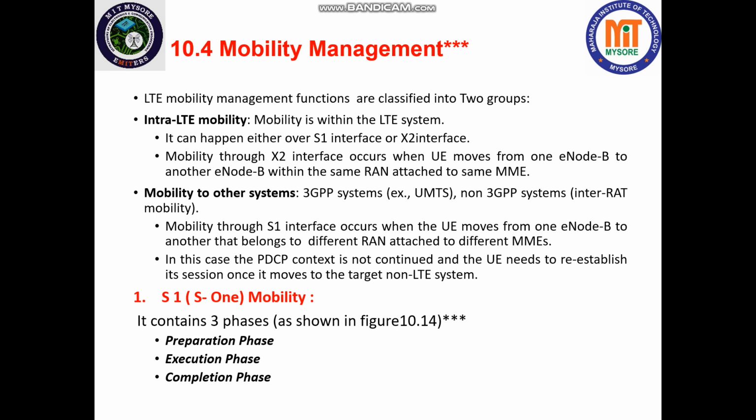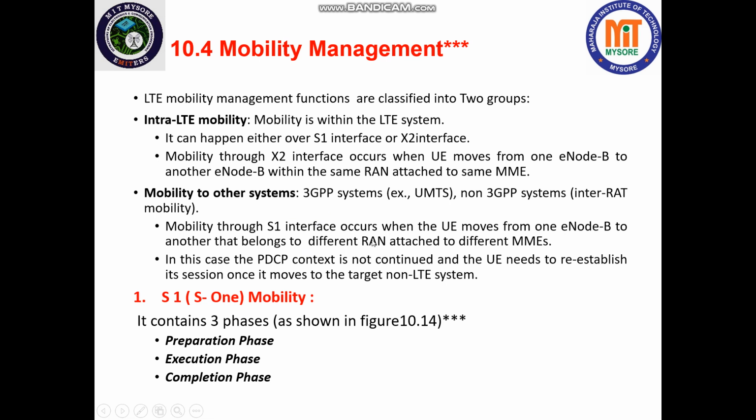Okay, S1 and X2 both in intra LTE only. Now mobility to other systems, which is 3GPP system, non 3GPP system such as inter-RAT mobility, are dealt with by the S1 interface. Here S1 and X2 both will be there in LTE, but exclusively S1 is used for other than 4G networks.